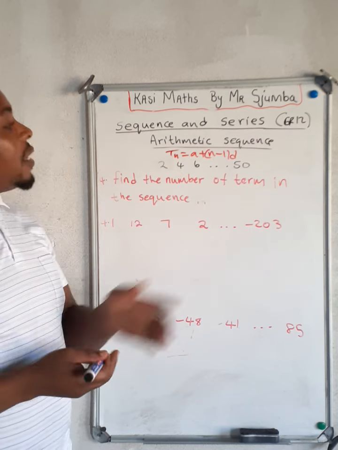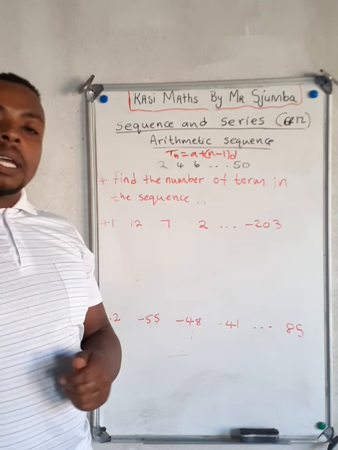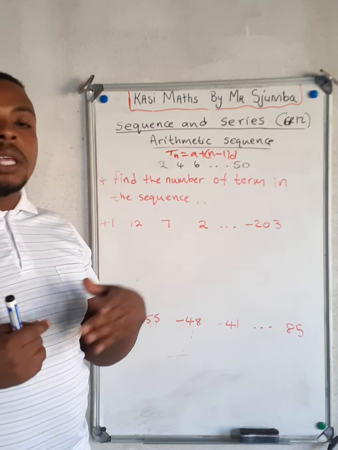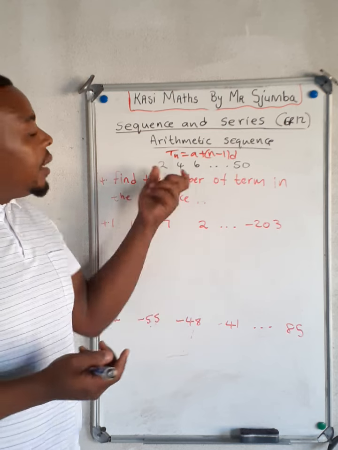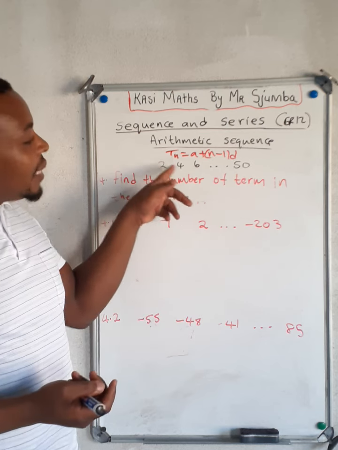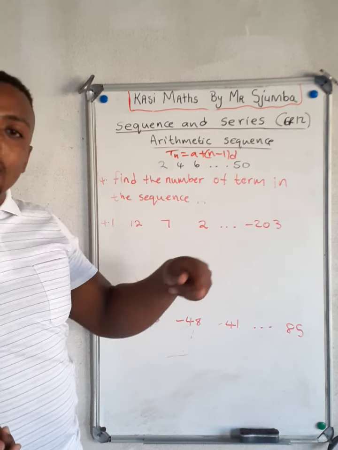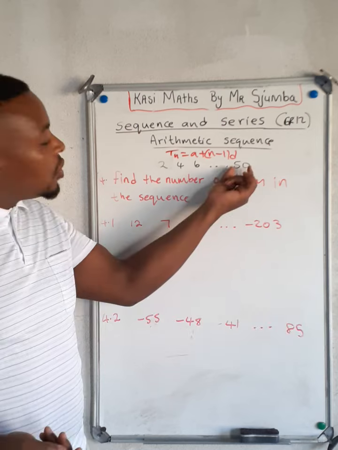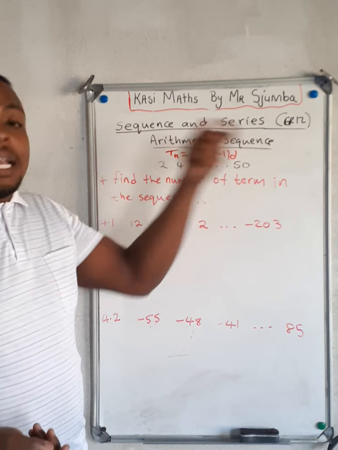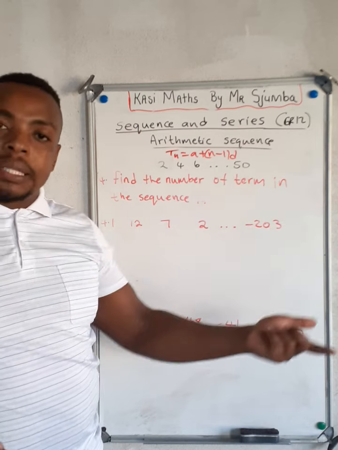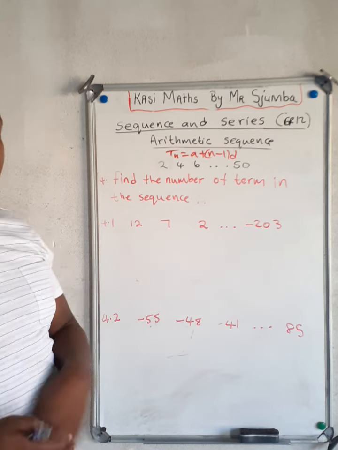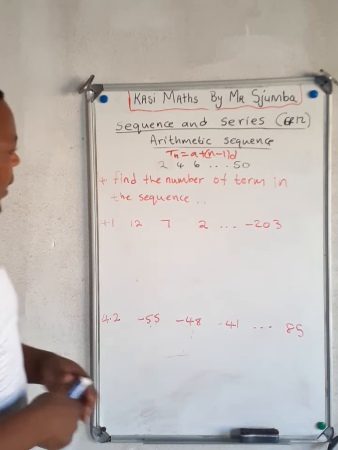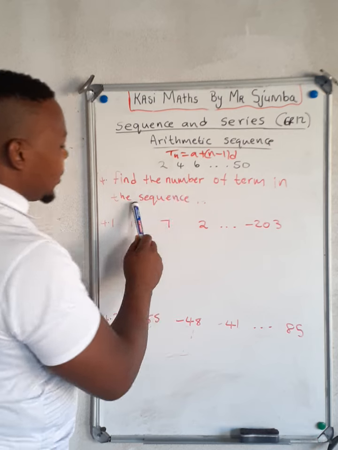If we can get the position of 50, maybe term 30, it will mean the number of terms in this sequence is 30, because the position of the last term is 30, because terms always start from 1.